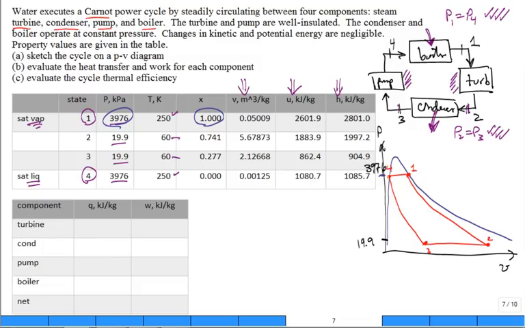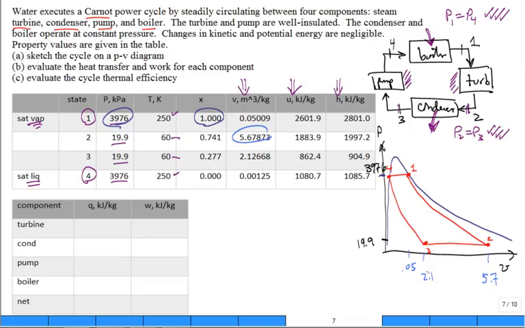Now, some people, I didn't do this even as well as it should be because the largest specific volume is 5.7, right? And then the next one is state 3 at 2.1. And then at 1, it is 0.05. I didn't make 3 much larger than 1.